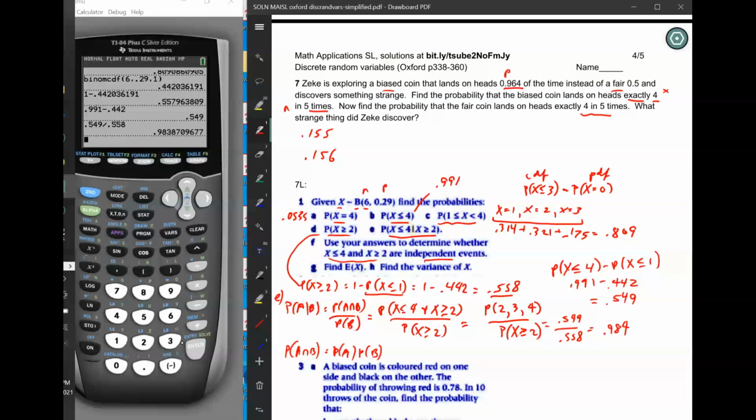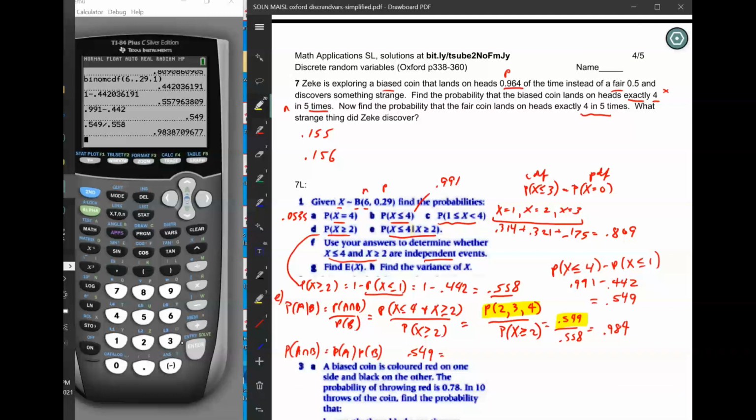So what's the probability that both x is less than or equal to 4 and x is greater than or equal to 2? That would be this, right? It would be 0.549. So that's the left side, and the right side is going to be the probability of A times the probability of B. So that would be the probability that x is less than or equal to 4.